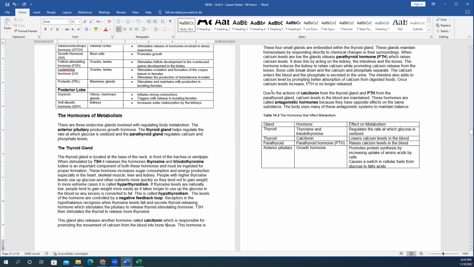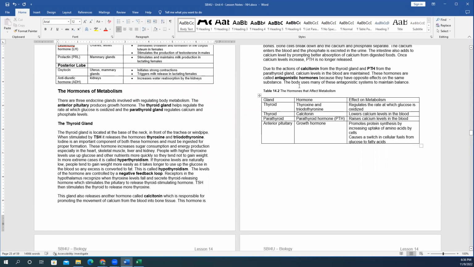And together, these two are called antagonistic hormones because they work in opposite directions to each other, working on the same substance but having opposite effects, and so they're called antagonistic hormones. And there are many antagonistic hormone systems in place, used by the body to maintain balance.